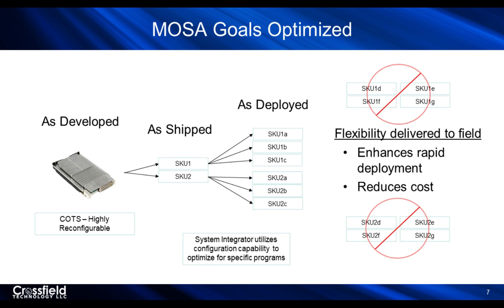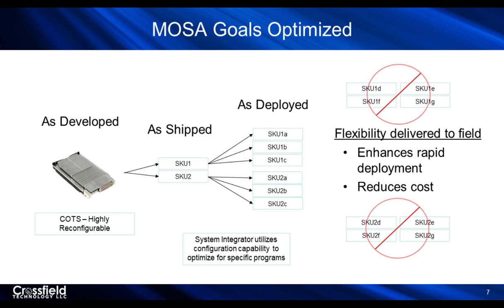But then as you get it deployed to the field, in this case the maintenance depot or the actual mission, many SKUs don't show up out there because there are still some capabilities that can be reconfigured in the field. Not all capabilities can be reconfigured in the field. You certainly wouldn't want someone to reconfigure it during a mission such that the plane went down.